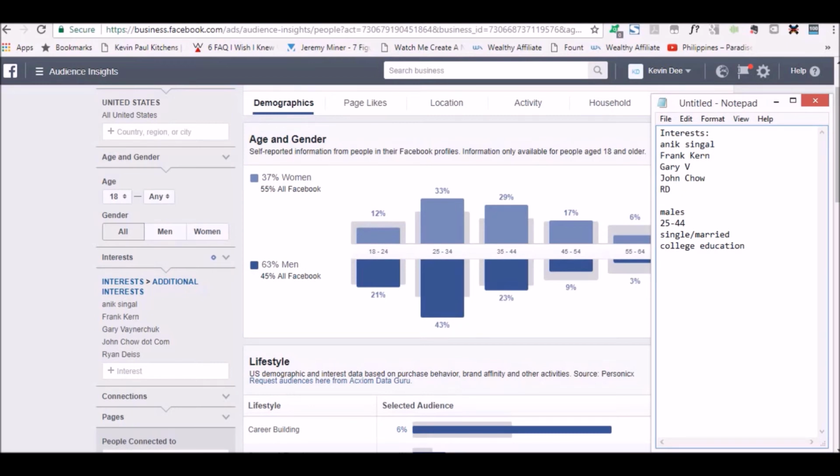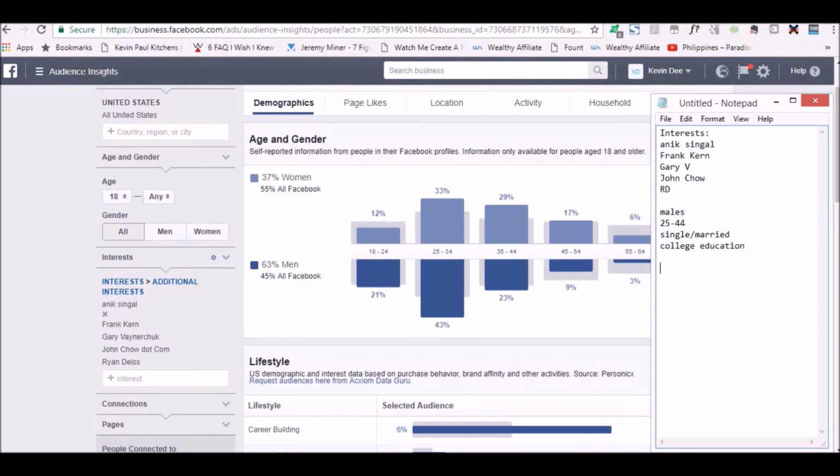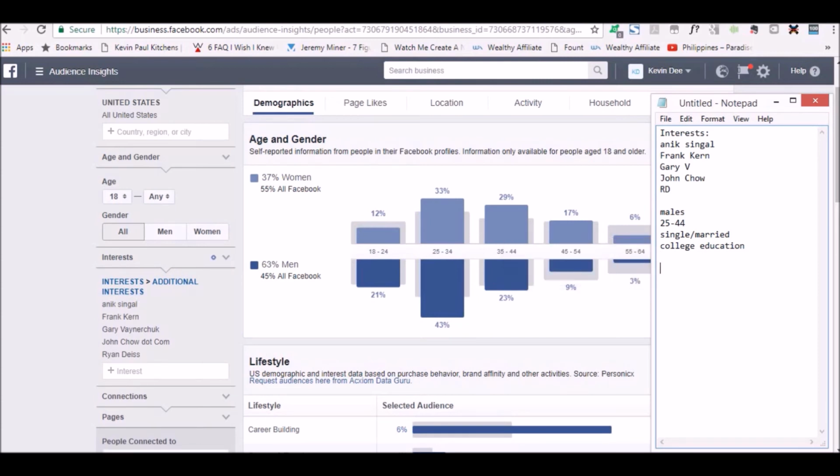It's all you need to do, come up with a base audience, because after you've run your ad at a small budget, what you can then do is test individual ads. Test individual interests. Test different age ranges within this age range, so we can test 25 to 34, 35 to 44, and you'll find one that performs well, and that's when you scale it.